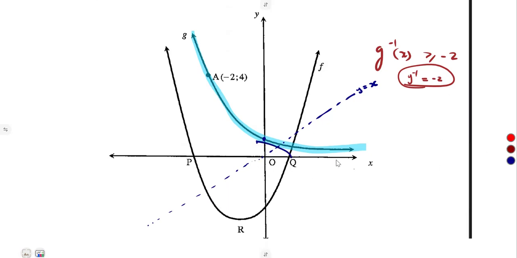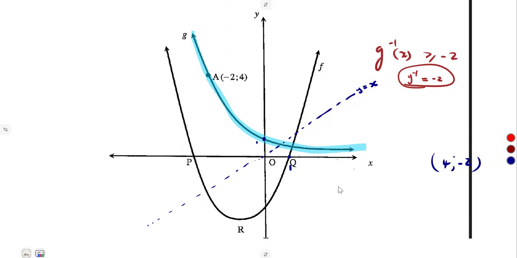It will be reflected to the other side where y is equal to 1. Then we interchange, swap those in the line of y is equal to x, remember you just swap. So it will be 4, minus 2. So there's a point on the graph which is 4, minus 2.